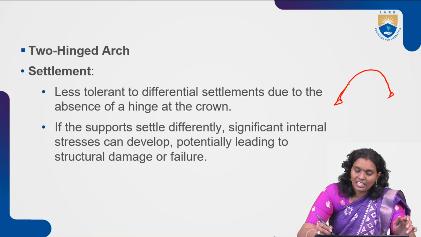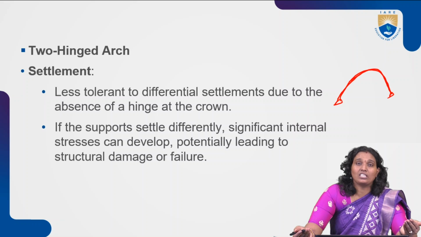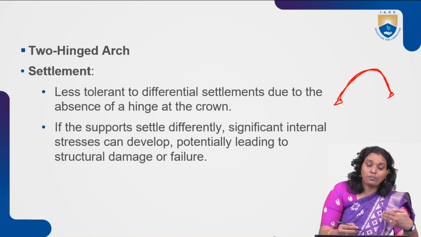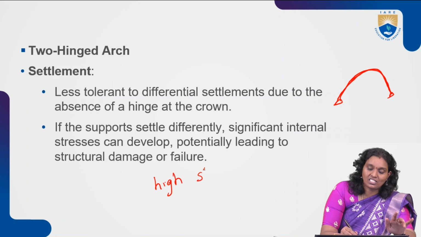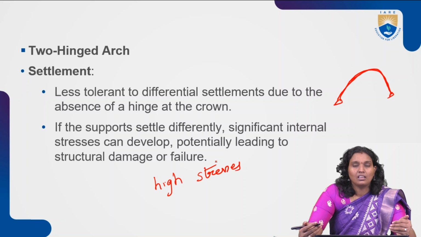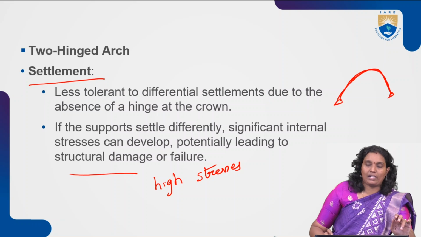So the flexibility is very low, and the rotation allowed may lead to different damages. It cannot resist these high stresses, so that's why it leads to potential structural damage or failure in the settlement.